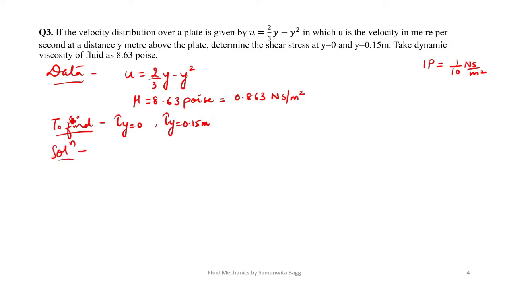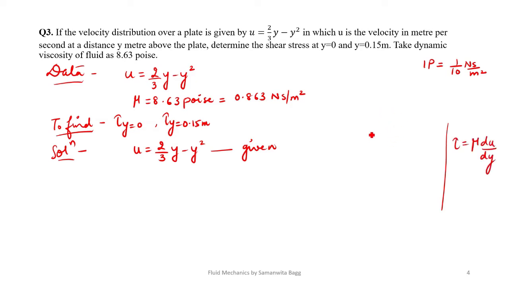For solving, I will start with this equation of u that is given. Let's write down in rough the formula of tau, that is mu du by dy. So if I have to find tau at a particular point, I need to know du by dy at that point where I am calculating tau.